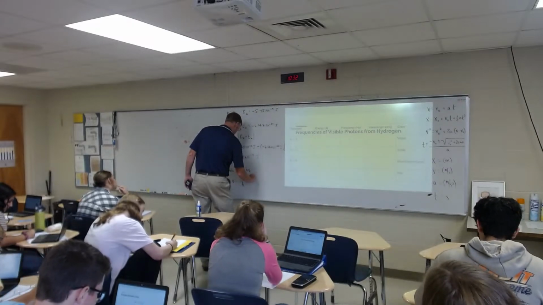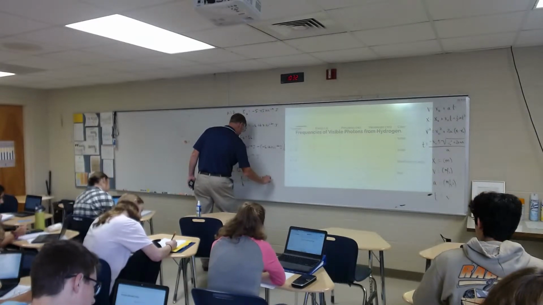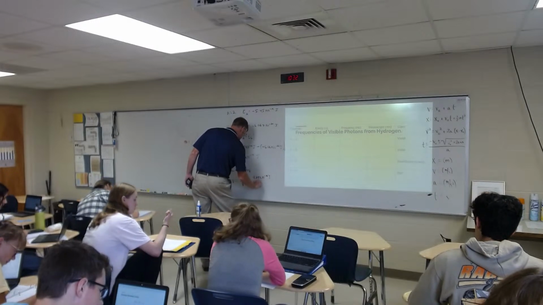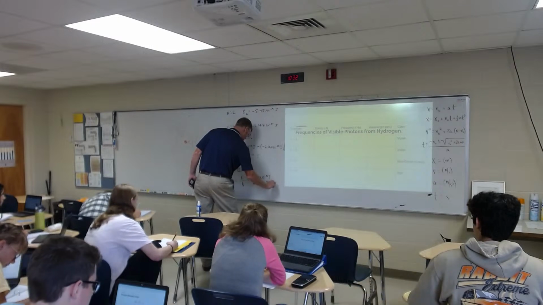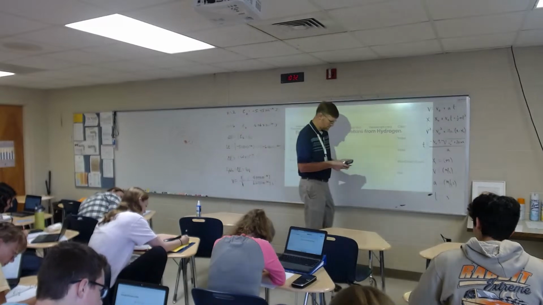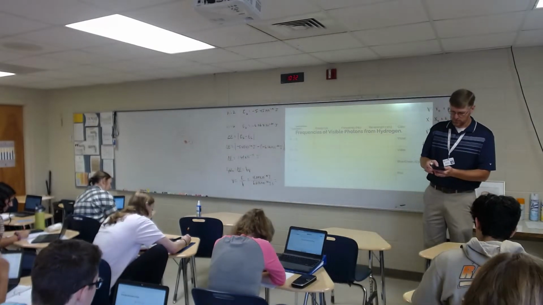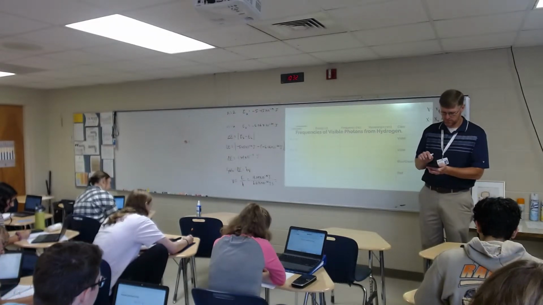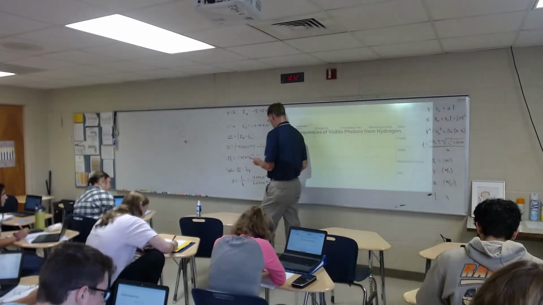So the frequency of that photon is 4.84 times 10 to the negative 19 divided by 6.626 times 10 to the negative 34. That gives 7.3014.